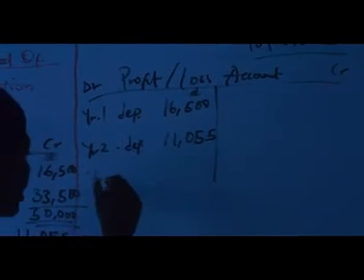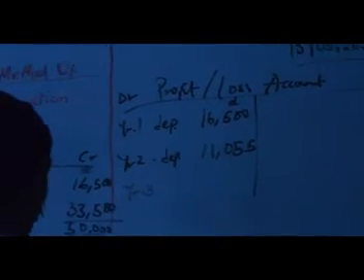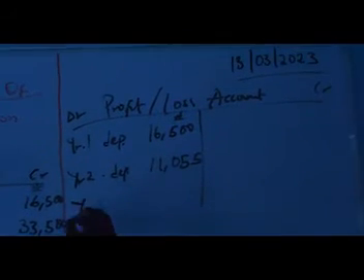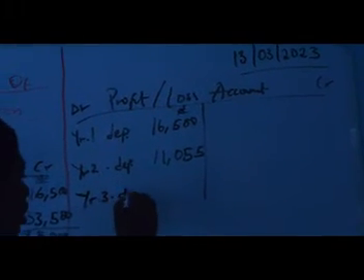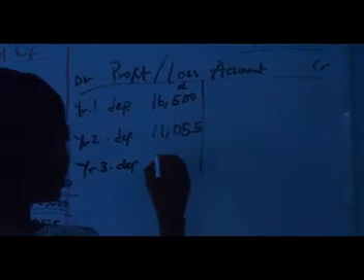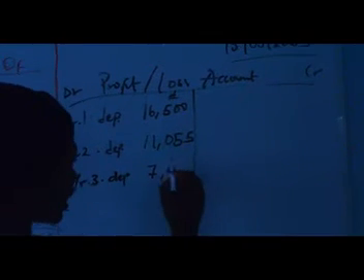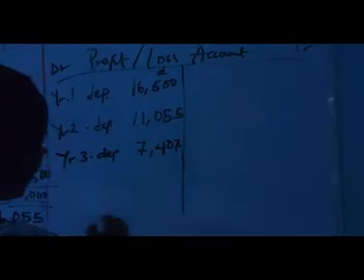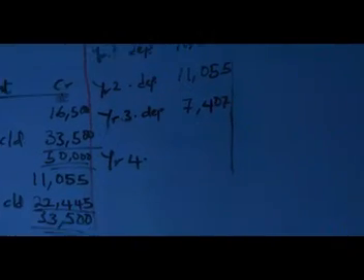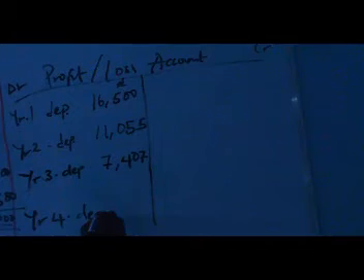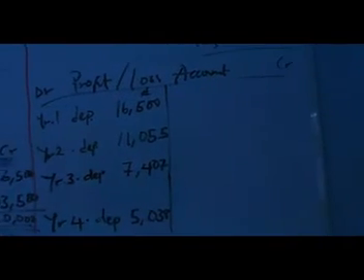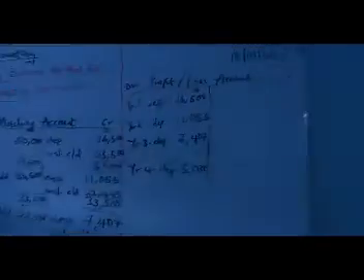For our third year, depreciation is 7,407 naira. And finally for our fourth year, depreciation as we adjusted is 5,038 naira. So that is that for the profit and loss account.